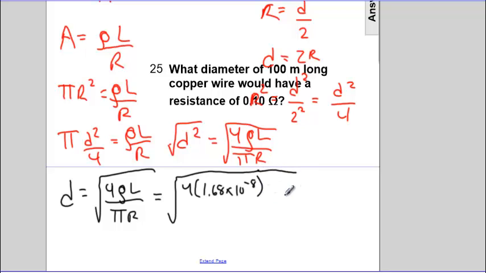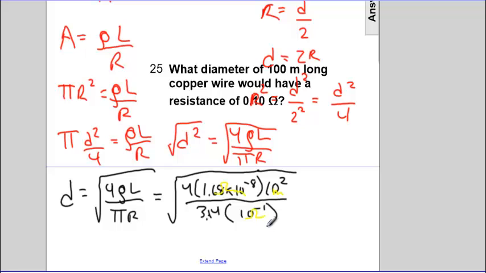Skipping units for just a moment, times the length, 10 to the 2 meters, that's 100, divided by pi, that's 3.14, times the resistance, 10 to the negative 1 ohms. So this is ohm meters. Let's just write units. Ohm meters times meters divided by ohms.